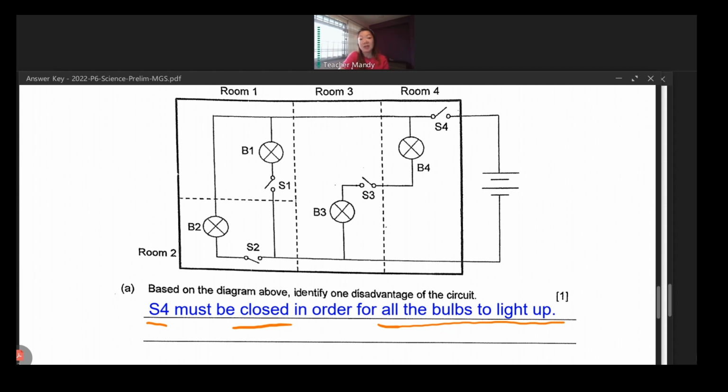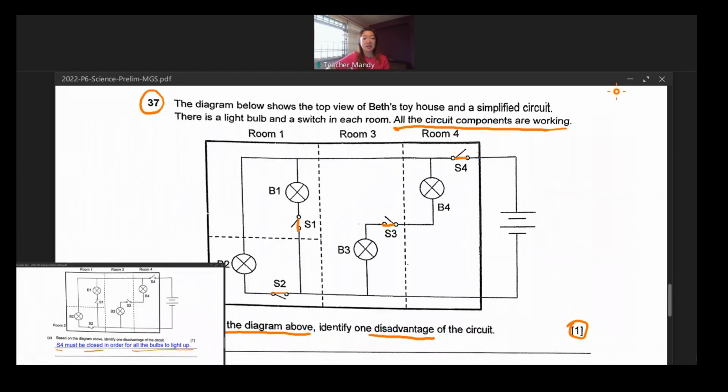Then you can't play with the toy house. So this is a series circuit, and when you have a series circuit linking 4 bulbs together, you're too reliant on one particular switch, and that's very inconvenient. So this is the disadvantage of this circuit.